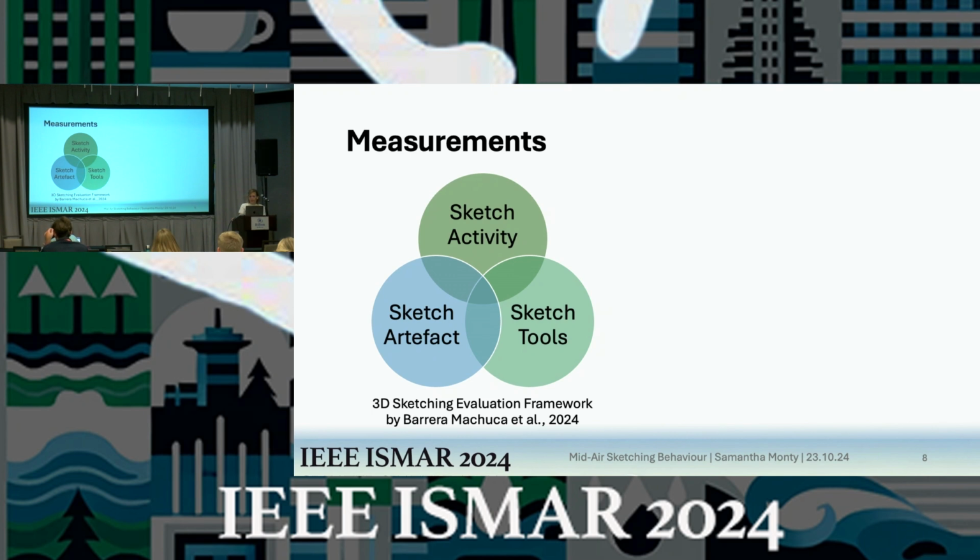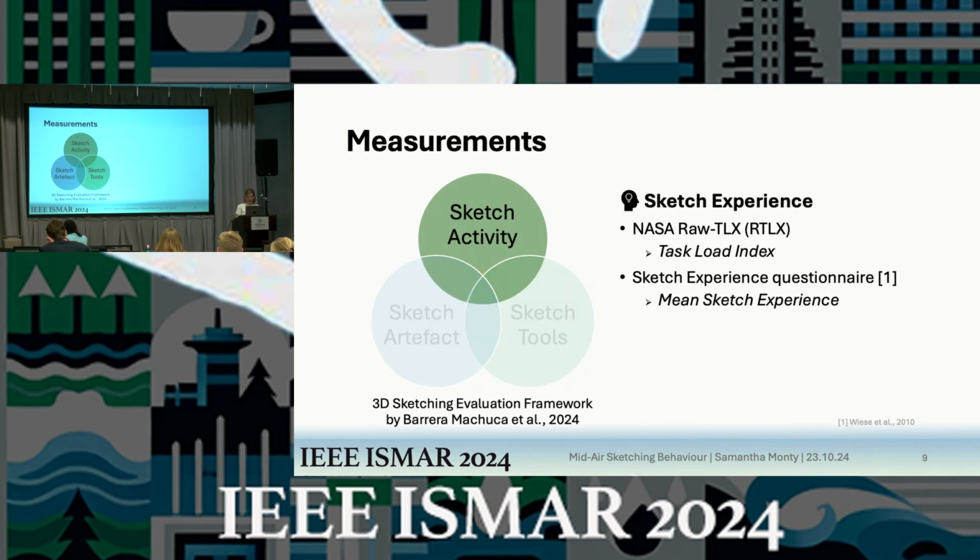Barrera-Machuca et al. established a framework for systematically evaluating 3D sketching tools that considers 3 main categories: how users perform the 3D sketching activity, the sketching tools and interaction techniques involved, and the final sketch artifact created. In line with this framework, we evaluate each of these 3 categories.